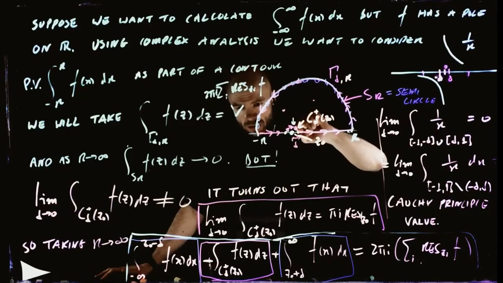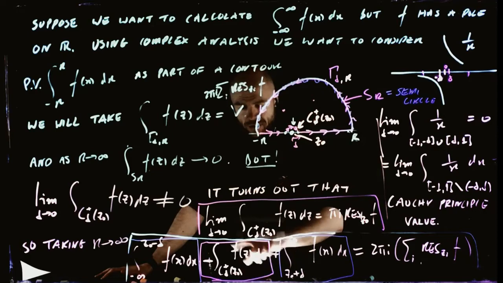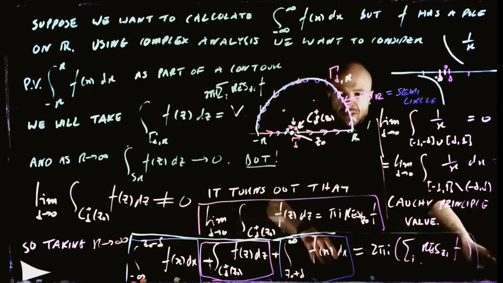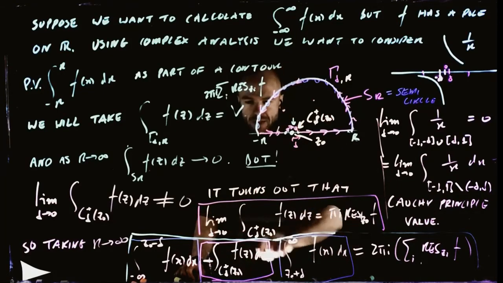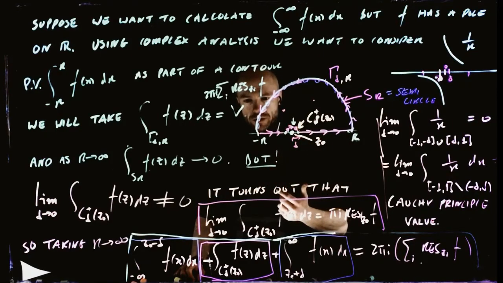So if I try and explicitly calculate it going anti-clockwise, I'm going to have minus this expression. And therefore, the Cauchy principal value will be all the residues plus half of the residue, because I can explicitly calculate this, when we take the orientation to be anti-clockwise, to be exactly half of the residue there.